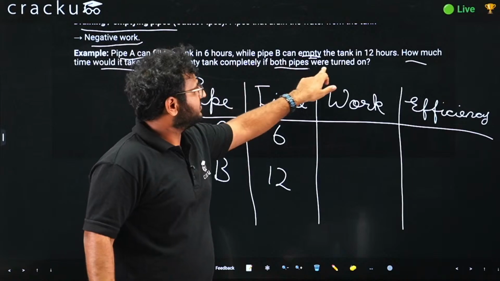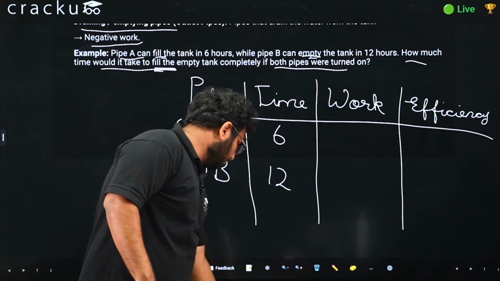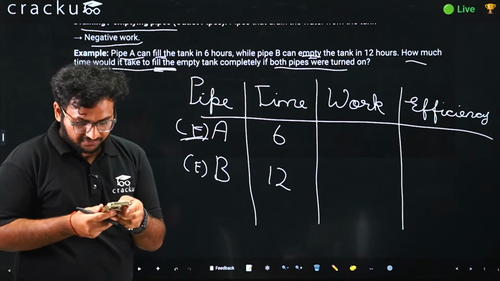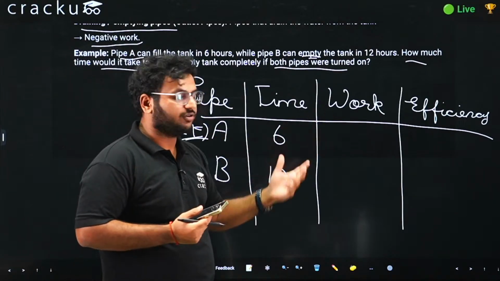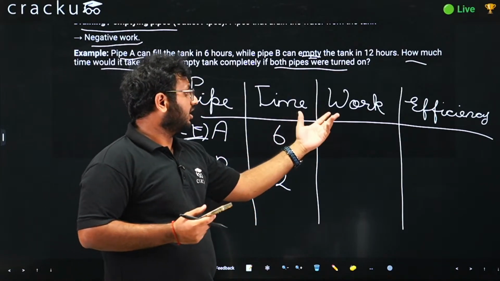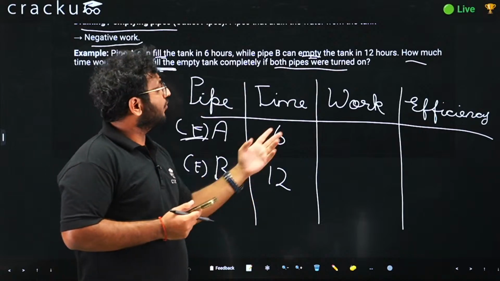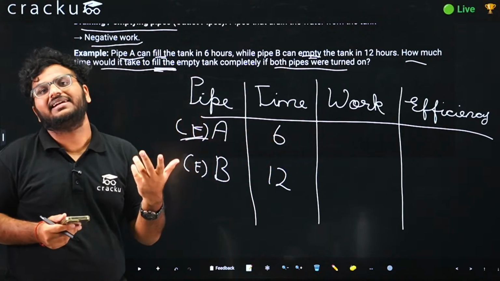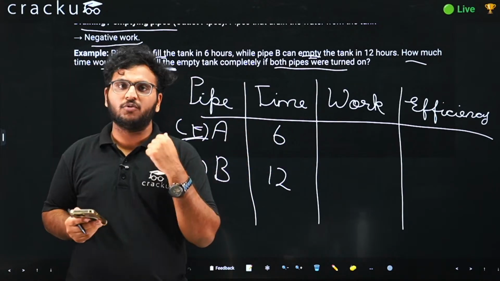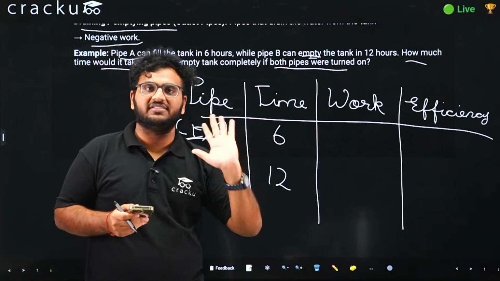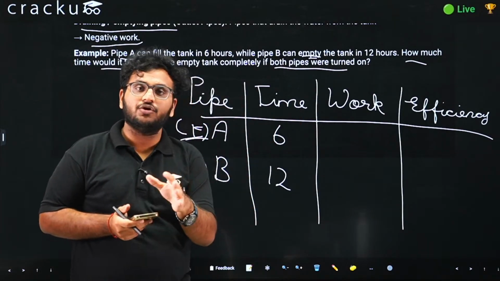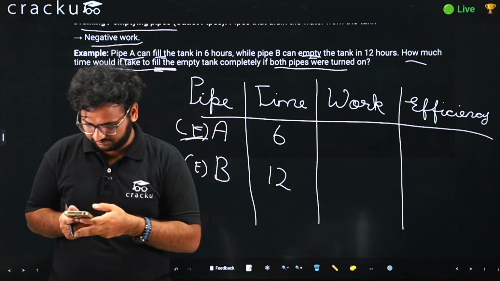If both the pipes were turned on, I want you guys to let me know which method I should use to solve it. You want me to take work as W, or work to be taken as 1, or you want work to be taken as either the LCM or the product of both the times? So write in the chat box. I will use that method to solve the question, whichever method you want.